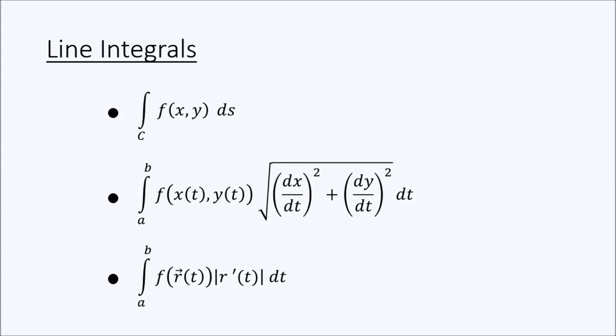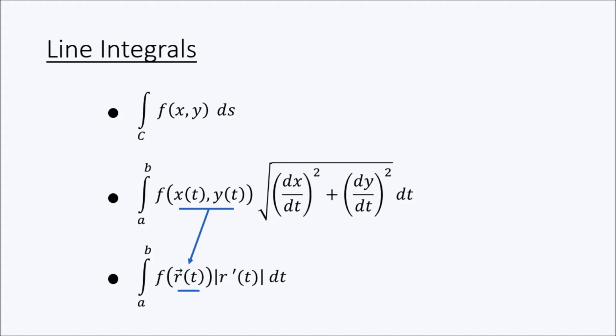Now, what this means is that there are three different ways that we can actually write our line integrals at this point. And these are actually only the first three ways. We're going to talk about probably like 8 different ways to write line integrals, but we have those first two that we just wrote out, and then that last one at the bottom, x of t and y of t, is exactly defined by my vector function r of t.